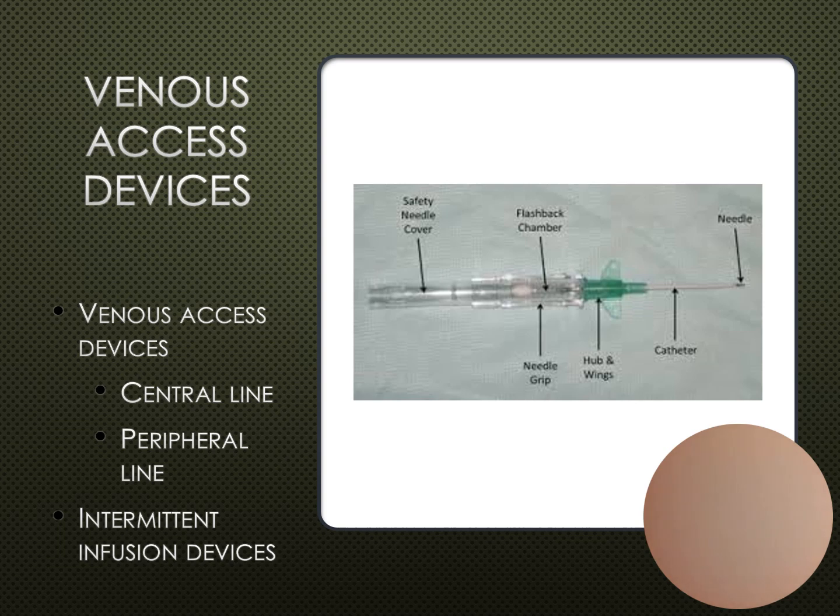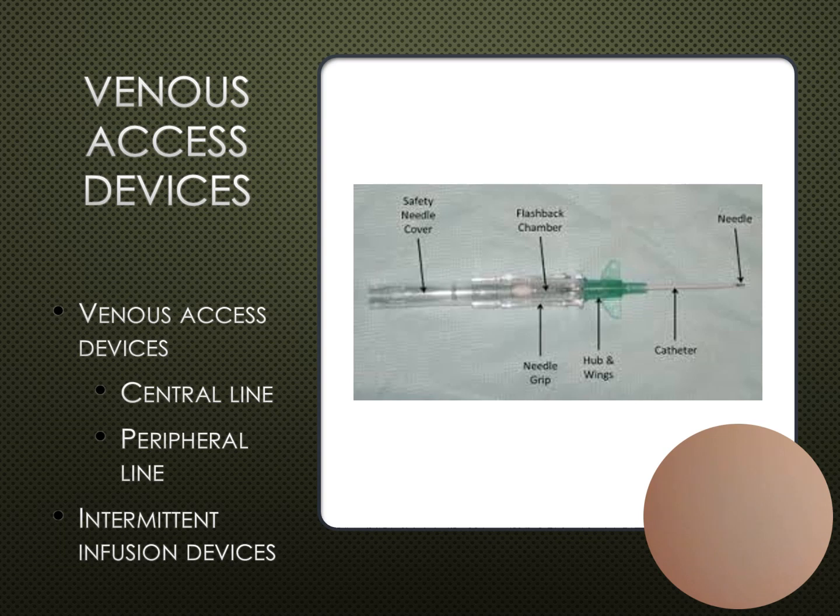We have to avoid joint areas and areas of skin impairment. We would also rotate the insertion site every 24 to 48 hours or up to 2 liters of fluid administration. If it's just used for medication administration, once again, we can rotate that site every 7 days.